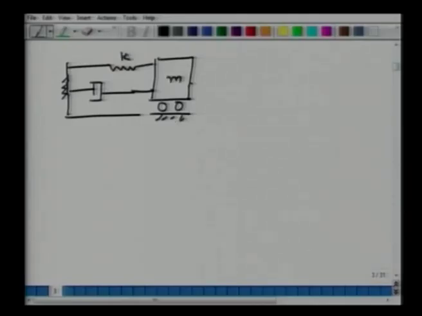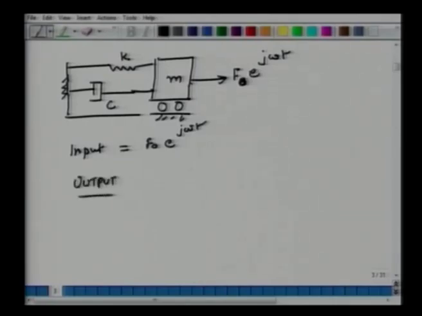The stiffness of the spring is k, the damping constant is c, and I am exciting this entire system by f naught e to the j omega t. So my input in this case equals f naught e to the j omega t, then my output response. Suppose I am interested in knowing the displacement at this point, and suppose I call it x.